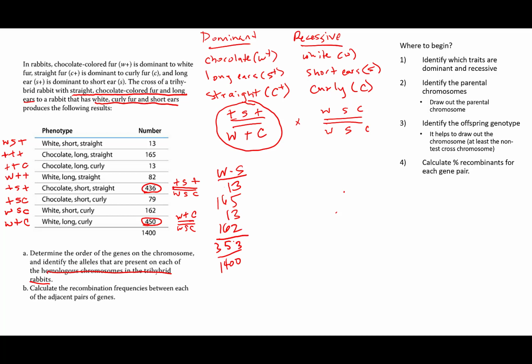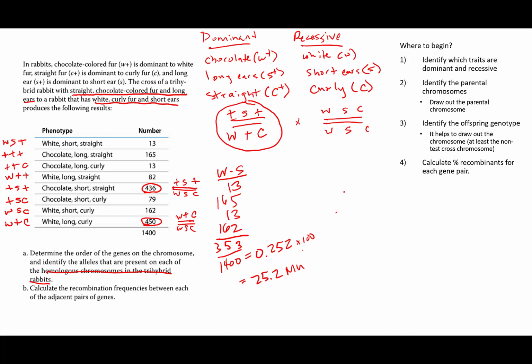So 353 divided by 1400 is going to give me my percent recombinants. That comes out to be 0.252, okay, times 100 equals 25.2 map units. Okay?